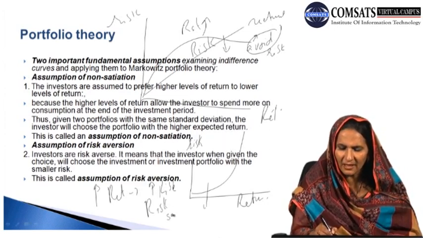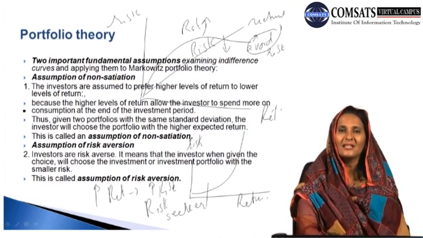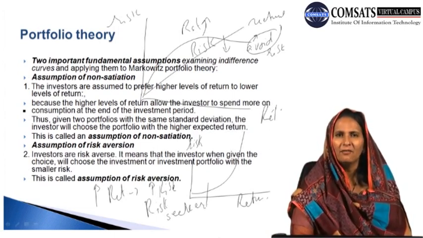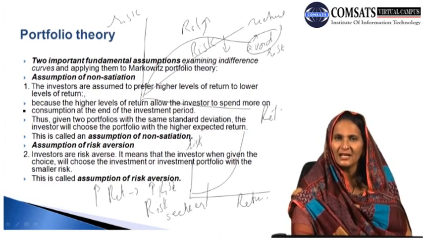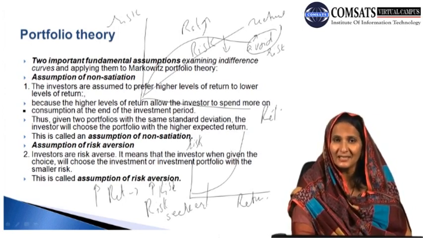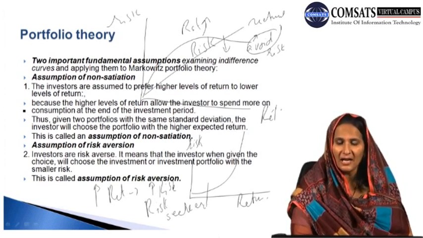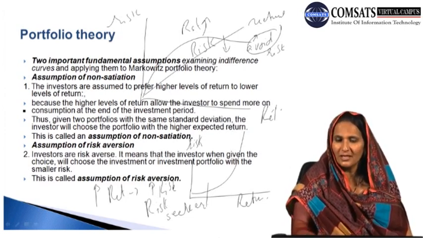This is basically indicating the importance of the return and the risk as far as the nature of the individual investor is concerned. So we can say we have a number of individual investors, and as far as their interest is concerned, their mindset, their thinking, and the environment in which they are living and making their choices for the investment.